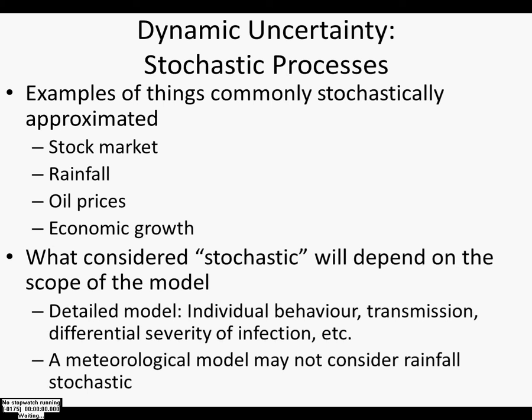We can do lots of things. If we can't simulate it well, we approximate it as stochastic. When I say stochastic, I mean there's randomness over time. So we'll do things like simulate rainfall over time as being drawn from some stochastic process, as random variables over time. Oil prices, economic growth, stock market fluctuations.